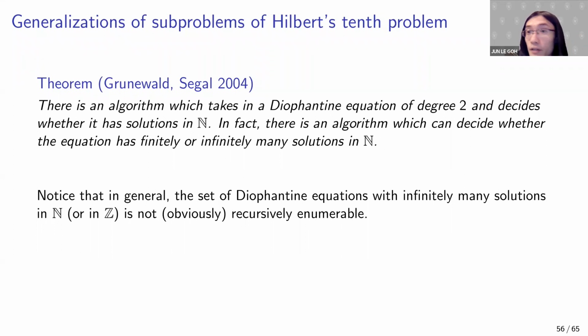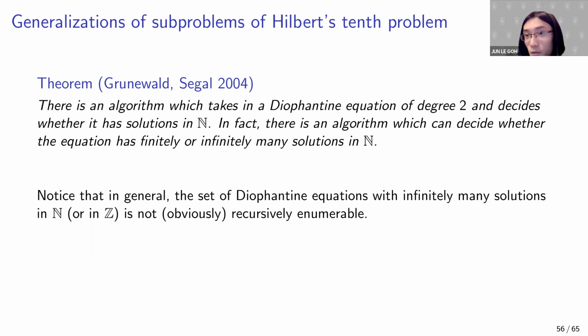But figuring out whether there are finitely many solutions or infinitely many solutions doesn't work that way, right? Let's say at some finite stage of your computation, you've managed to find finitely many solutions. Well, how do you know that you've actually found all of them?